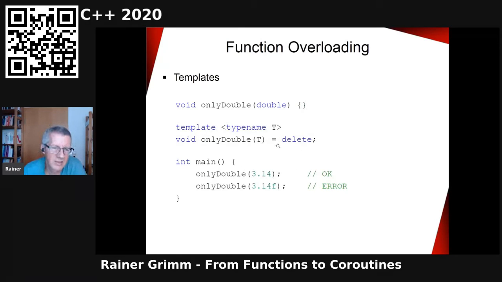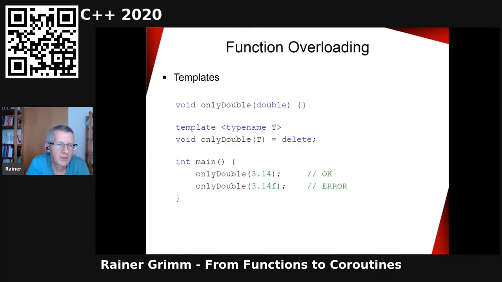In this case, I would get an error because I deleted this function template. This means this construct allows you to say, I only want to have a double without implicit conversions. So all implicit conversions are suppressed because the function template would kick in.